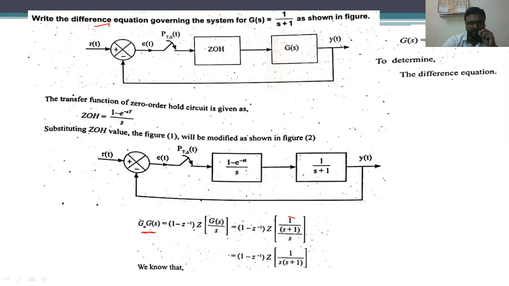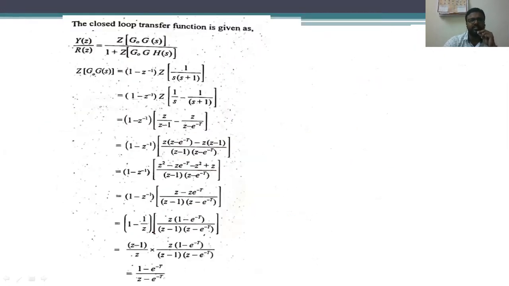Therefore, the expression is g naught into g of s divided by 1 plus g naught into g of s. This is the pulse transfer function expression: Z transform of G naught into G of S divided by 1 plus Z transform of G naught into G of S.